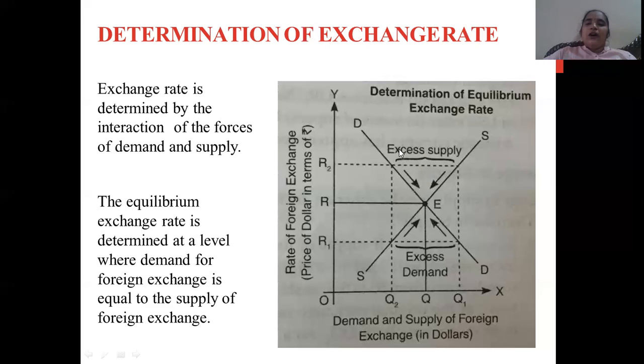So you can say there is a balance or equilibrium point in between the excess supply and demand, where demand is equal to supply, and thus the price is neither R1 nor R2. It is the equilibrium price R, which is the current spot rate of that currency. Okay, so the equilibrium exchange rate is determined at a level where demand for a currency is equal to supply of the currency.